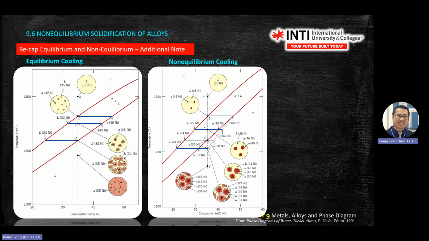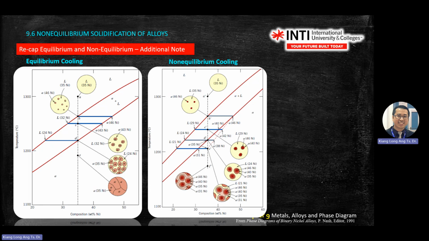So you draw a circle and then you label the empty space as liquid. Liquid, you need to bracket how many percent? Here there is liquid and solid. How many percent of liquid? From this dot, you extend to the left, you get liquid. Extend to the right, you get the percentage of solid. Understand? So this one is L bracket 32 nickel.